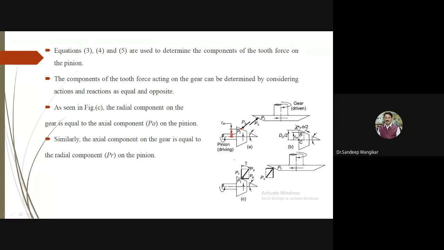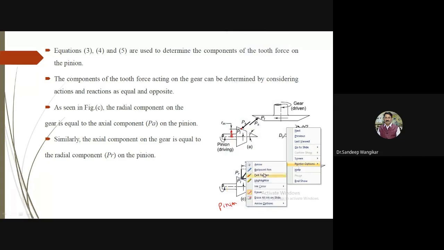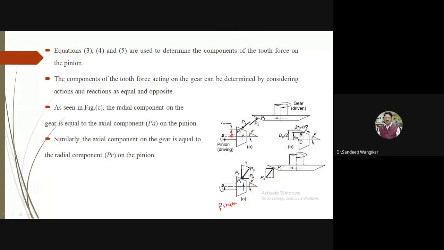Now, whatever PS is there, the PS is divided into two parts. In the next diagram, if you refer to the pinion, this is the radius side, so you can see here the radial component PR.